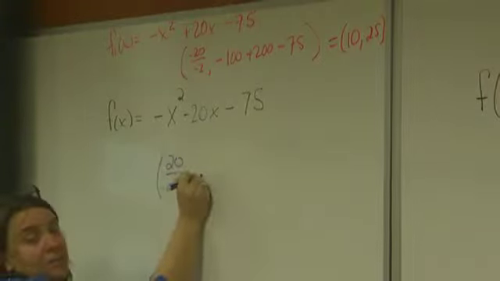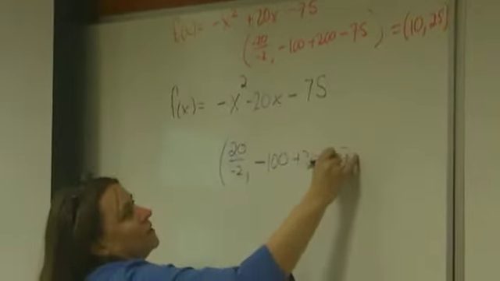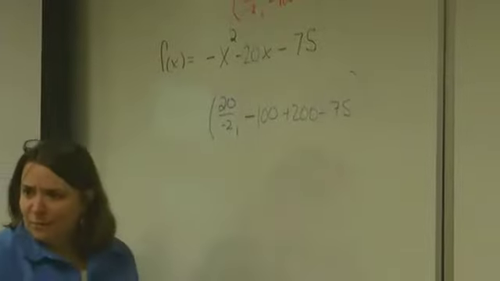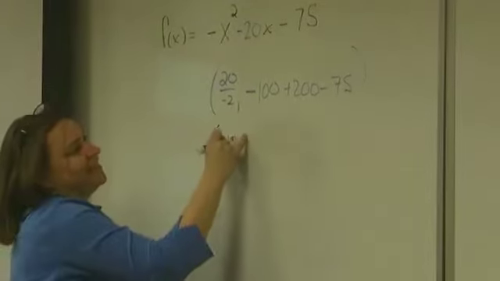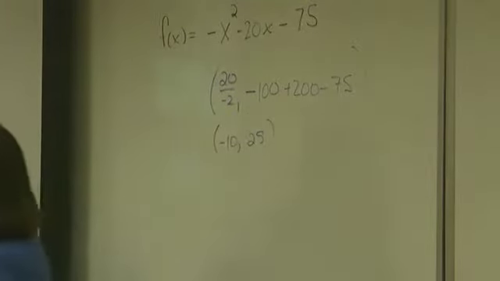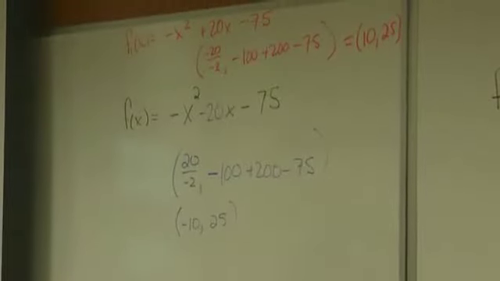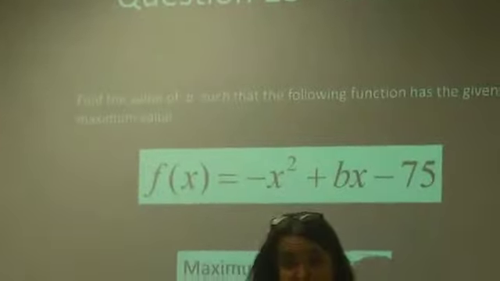So the opposite of -10 squared plus 275. Yeah, works again. Change the problem and find all values of B.